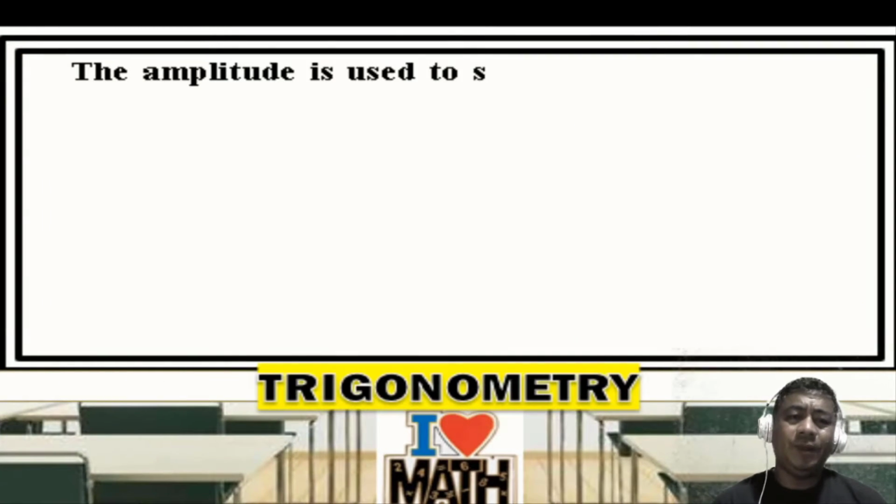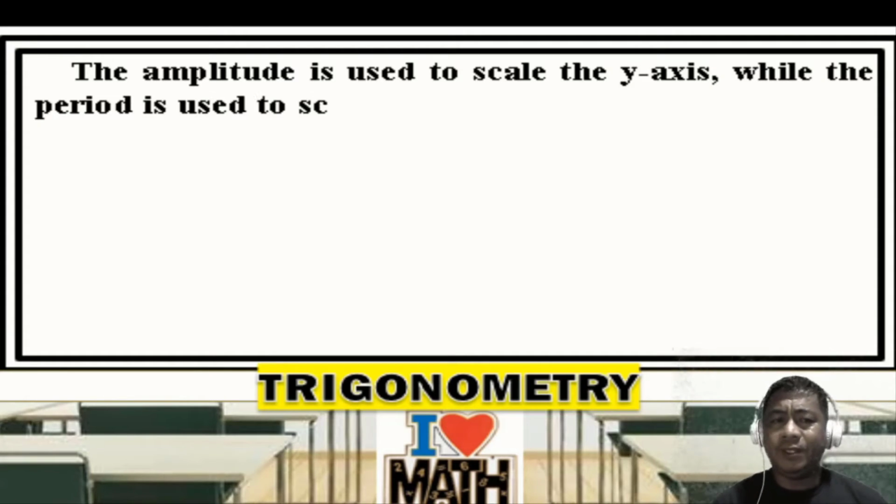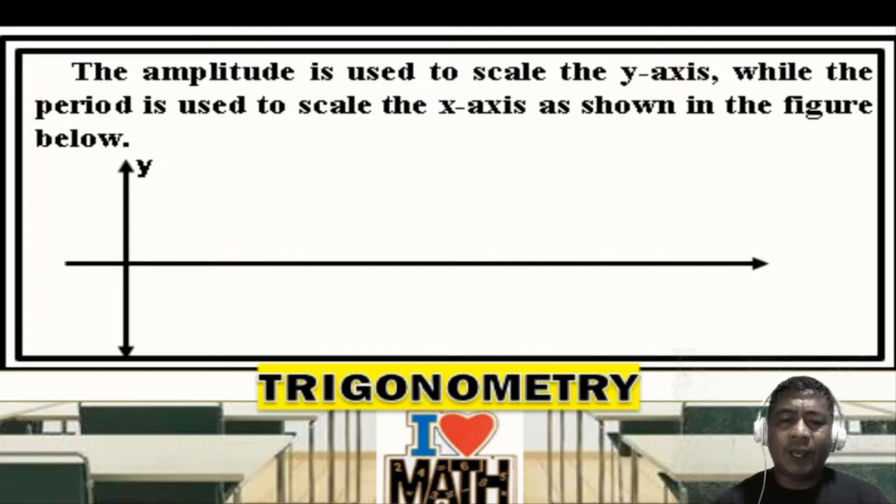The amplitude is used to scale the y-axis, while the period is used to scale the x-axis, as shown in the figure below. Okay, let's consider the x and y axis. Let's get the amplitude, that is simply a and negative a. So we have the maximum point and, of course, the minimum point.